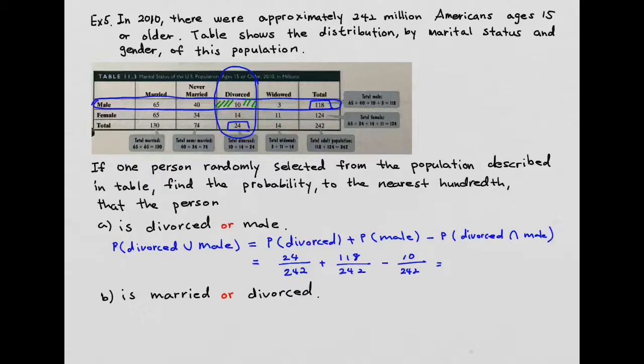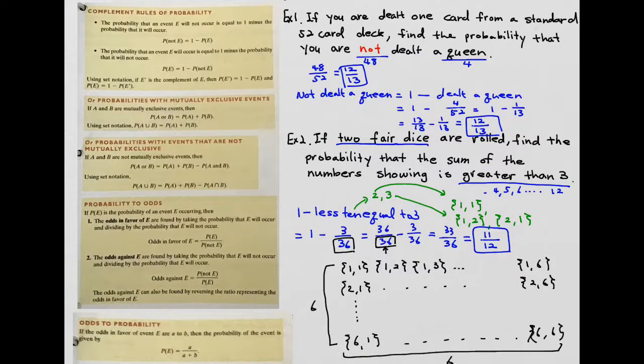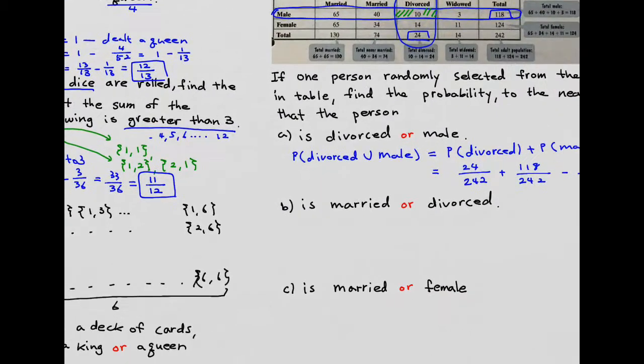Before we finish the problem, let me go back to the formulas. Right here it says if we have events that are not mutually exclusive, you're going to subtract the intersection. And when you have mutually exclusive events, you're just going to add those two when you have "or." But even with "or," if it's not mutually exclusive, you need to subtract the overlapping area.